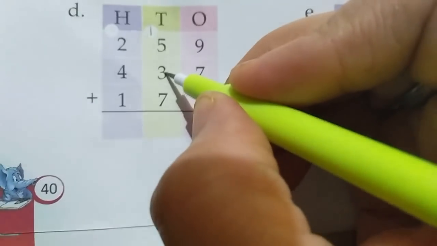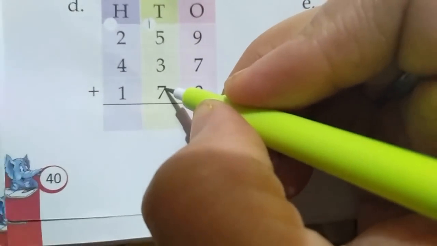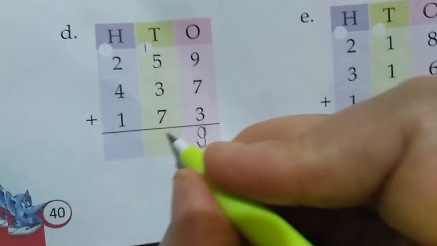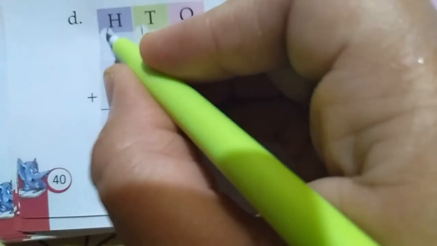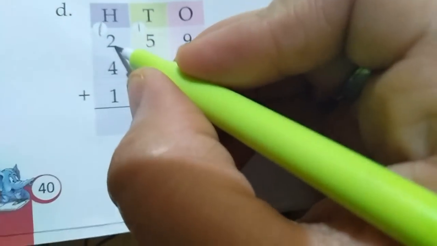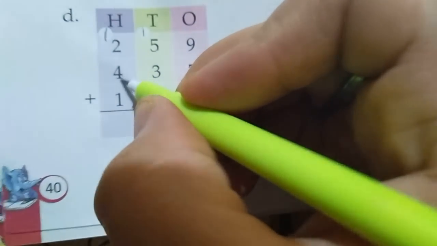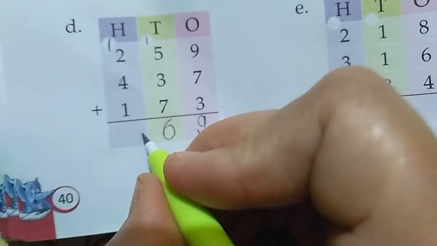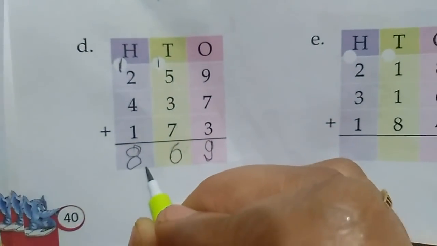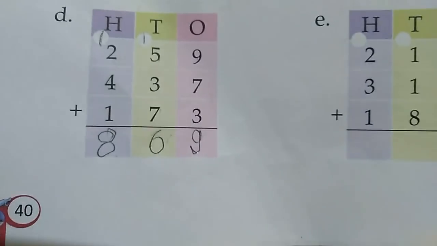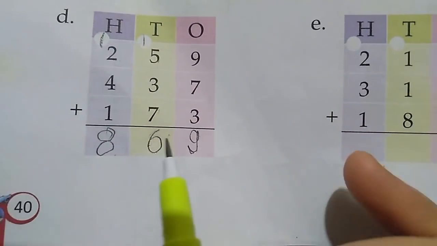Now 5 plus 3 is 8 and 8 plus 7 is 15, plus 1 carry is 16. So we will write here 6 and 1 will be carry forwarded. 2 plus 4 is 6, 6 plus 1 is 7, plus 1 carry is 8. Okay students, so our answer is 869.